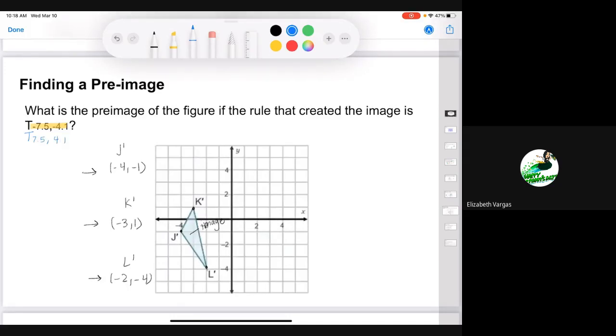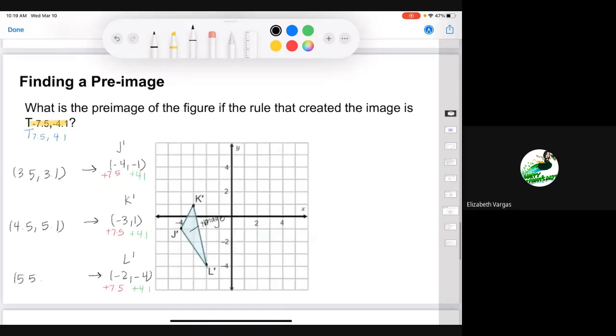So I'm going to add 7.5 to my x and add 4.1 to my y to find out where my original coordinates were. And when I do that, I will find out that J was originally located at 3.5 and 3.1. K was originally located at 4.5 and 5.1. And L was originally located at 5.5 and 0.1.